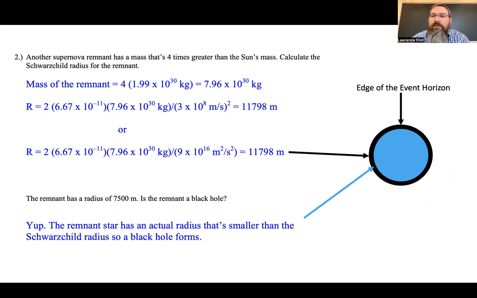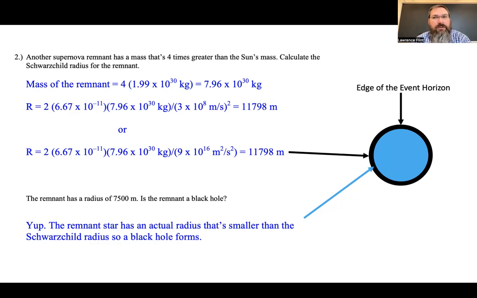I've illustrated that with the large black circle, and that's the edge of the event horizon. And I made a note that the stellar remnant actually has a real radius of 7,500 meters. Is this remnant a black hole? Yes, it is. The actual mass of the object resides within a radius of 7,500 meters, which is smaller than the Schwarzschild radius.